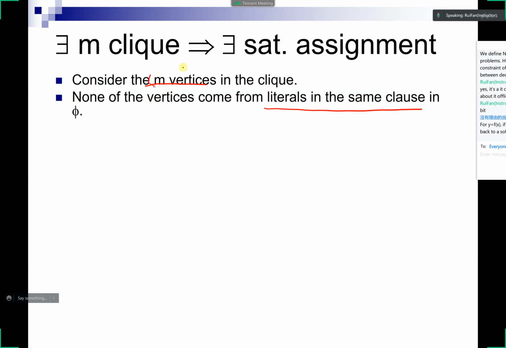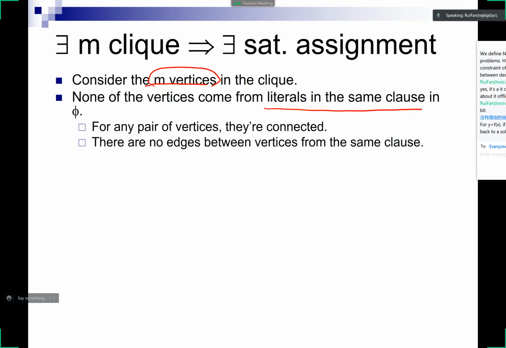Because you have m vertices, all connected to each other, these m vertices have to correspond to literals from different clauses. And since you have m clauses in total, you have one vertex from each clause.